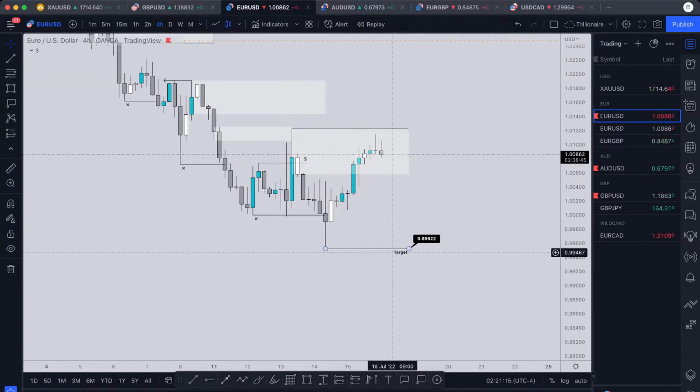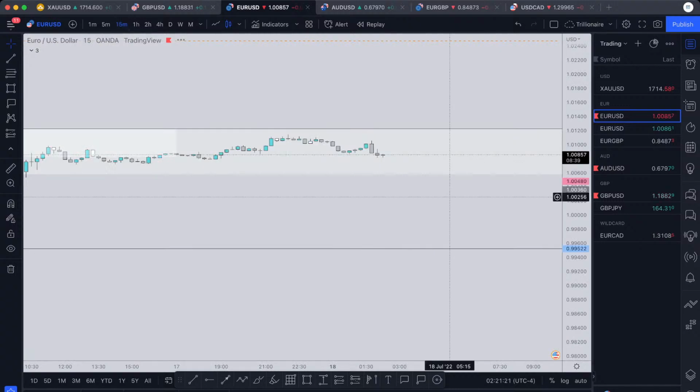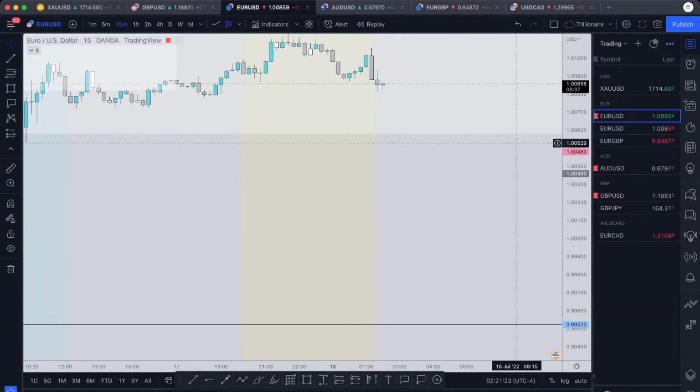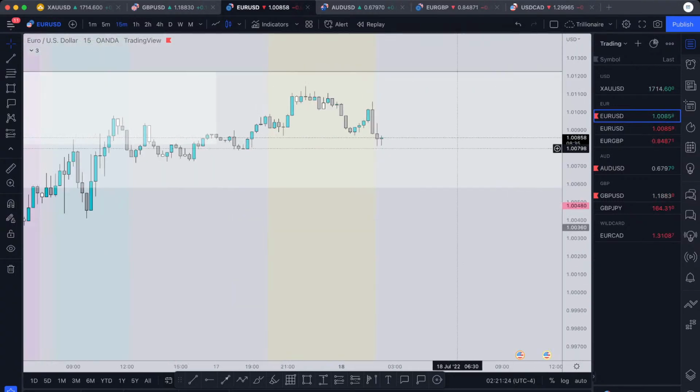Now, it is valid for us to look for sells right now simply because I don't mind trading. Oh, this is actually really good. Okay, so I usually don't do this, but we're going to do it on this session here.